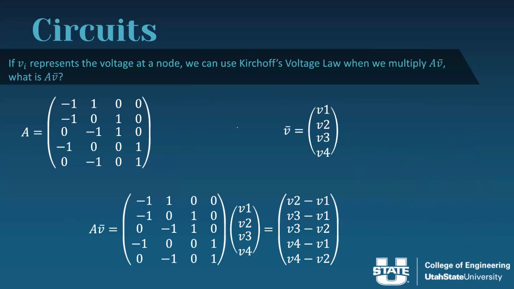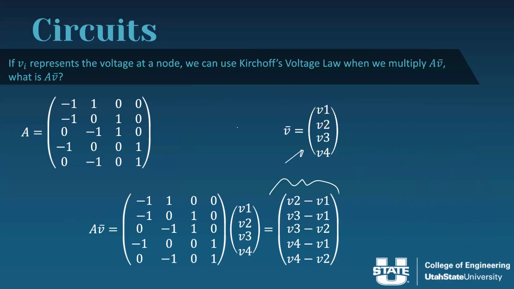In addition to that, we can use Kirchhoff's voltage law, and we can multiply our incidence matrix by a vector V, which represents each of the voltages, so we can find the voltage differences between the different nodes, which is right here.